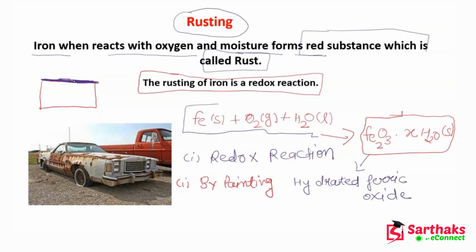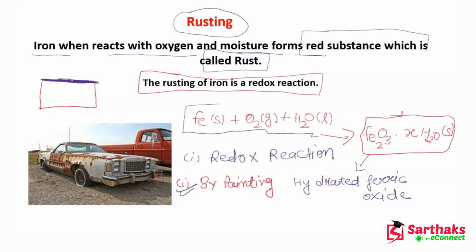Because of this layer, this iron will not get in touch with the oxygen and the moisture or water vapor present in the air. So this is the first way, and by this method we can save the iron from rusting.